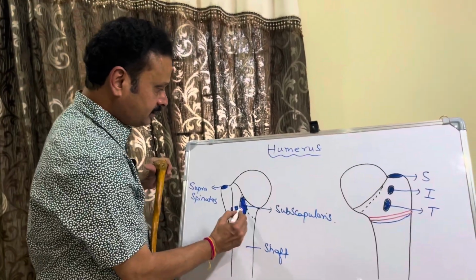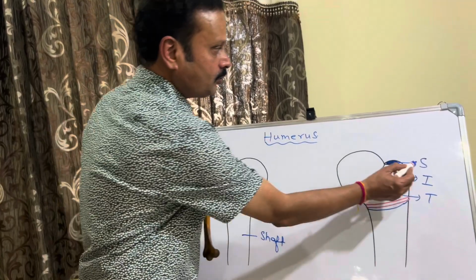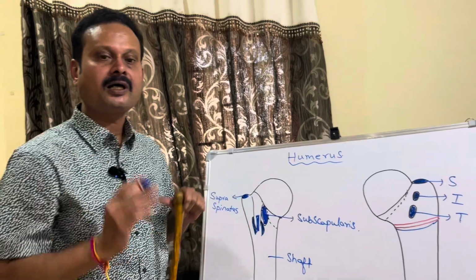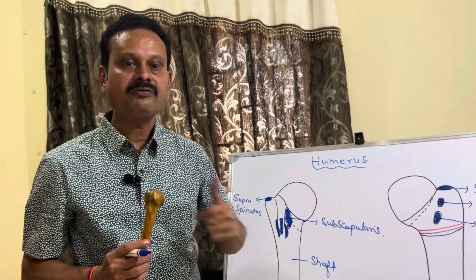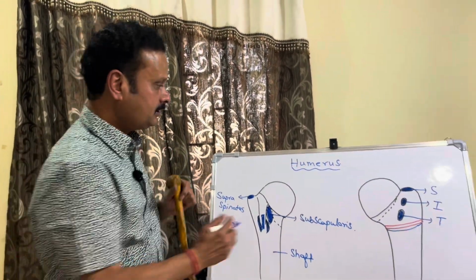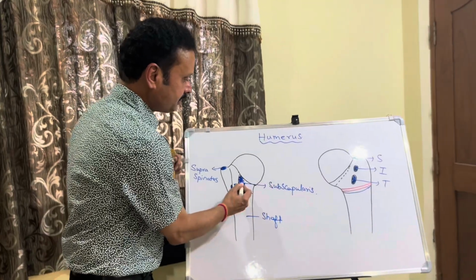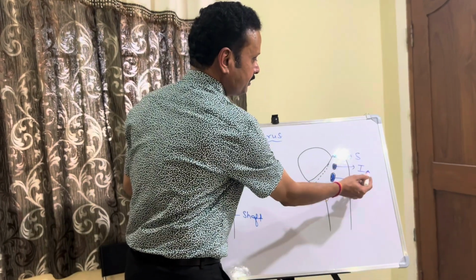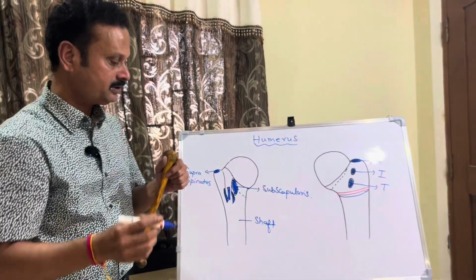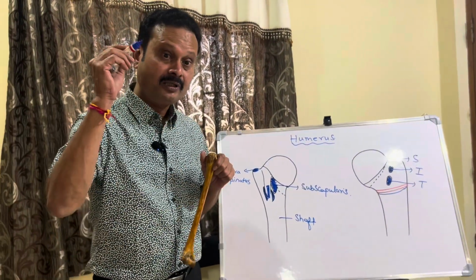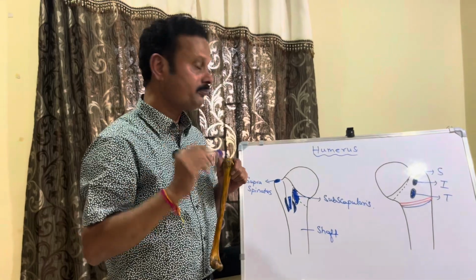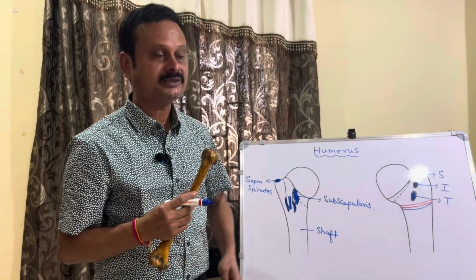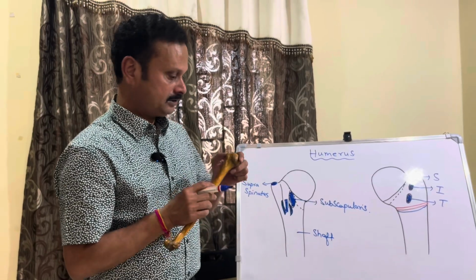So subscapularis together with supraspinatus, infraspinatus and teres minor are called the rotator cuff muscles. I repeat, subscapularis is inserted to the lesser tubercle, and supraspinatus, infraspinatus and teres minor are inserted respectively to the upper impression, middle impression and lower impression of the greater tubercle. All these four muscles together we call the rotator cuff muscles.